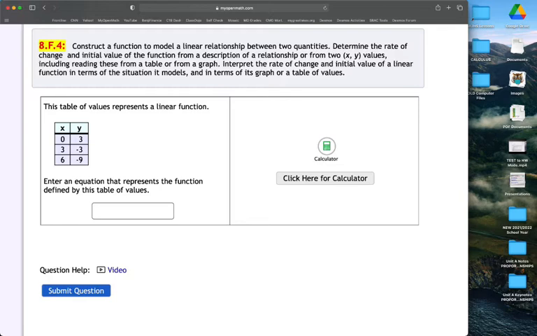And of course, as we can see from the values in the table and the variables that are defined within the table, we're going to be writing it in the form y equals mx plus b. There are times where we luck out and the y-intercept happens to be in the table. The y-intercept is there at 0, 3, which means that the b value is going to be 3.